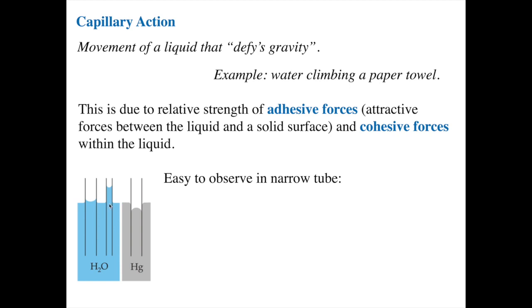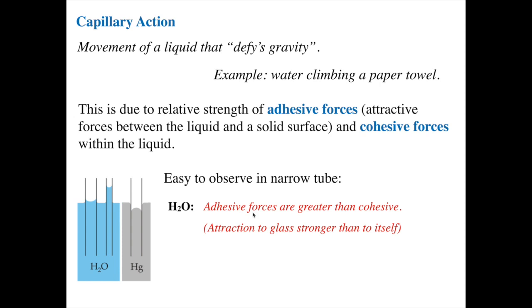As you insert the tube, you notice that the water climbs up the tube, and that is due to the adhesive forces being greater than the cohesive. So the adhesive forces are the attraction between the glass, which is polar, and water. The cohesive forces are between water and itself. It's a very favorable interaction between water and glass.